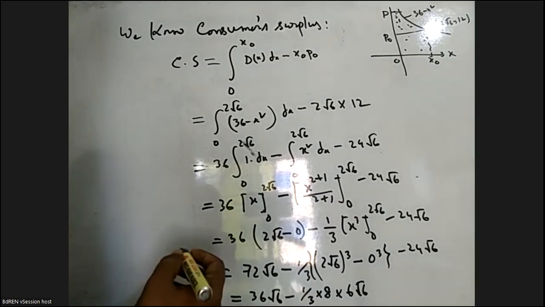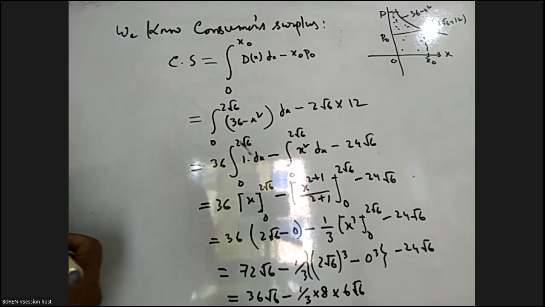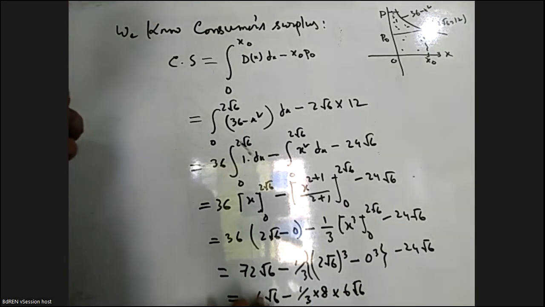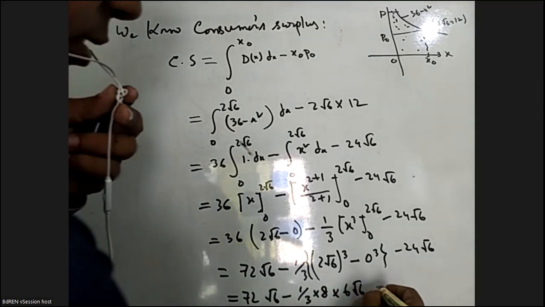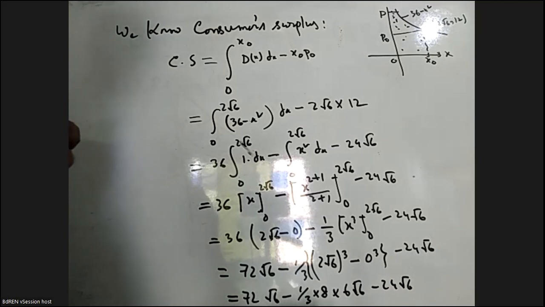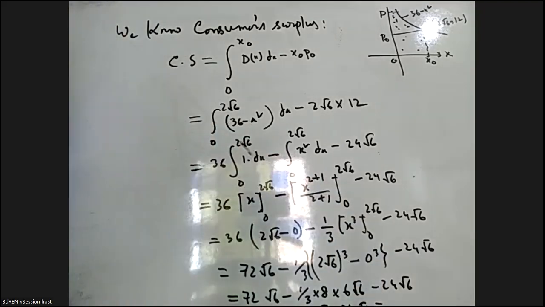So this will be 72 root 6 minus 16 root 6 minus 24 root 6.